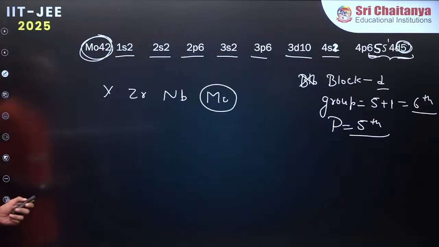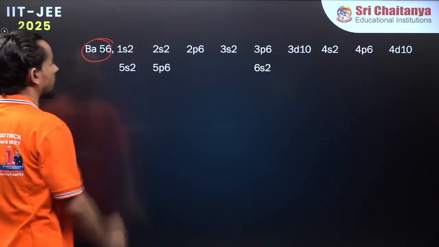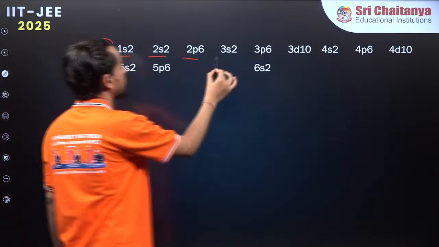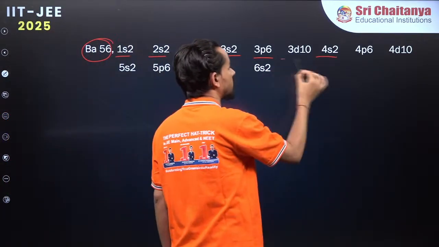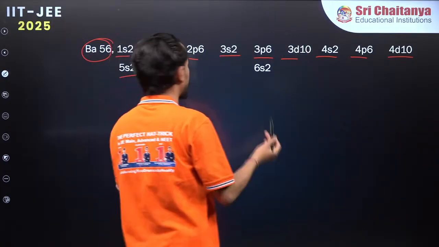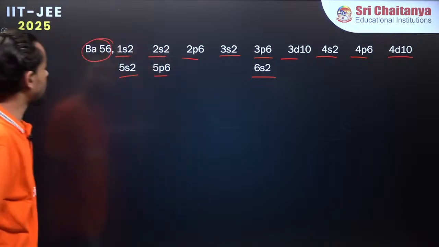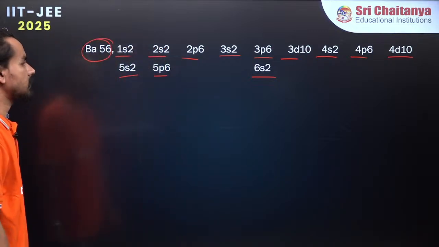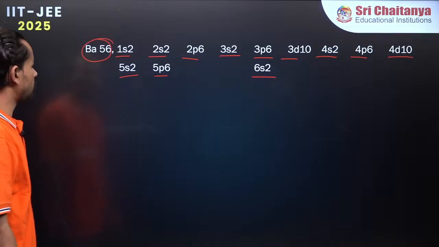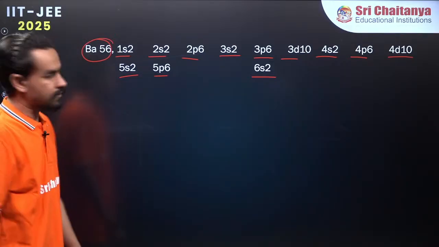Okay, let's move. Barium 56. Check whether this is correct or not. 1s2, 2s2, 2p6, 3s2, 3p6, 4s2, 3d10, 4p6, then 5s2, then 4d10, then 5p6 and 6s2. Adding up: 2, 4, 6, 10, 12, 18, 20, 30, 36, 38, 48, 54 and 56. Yes, that is correct.